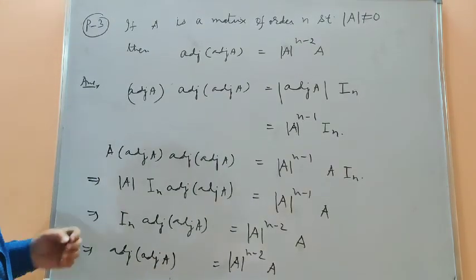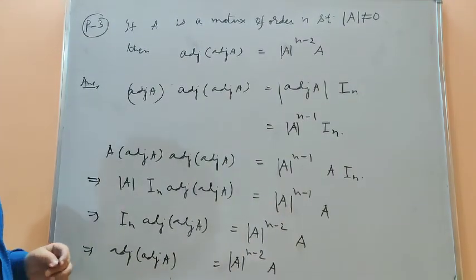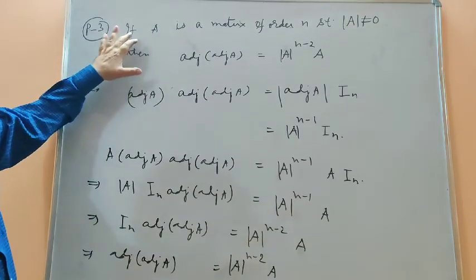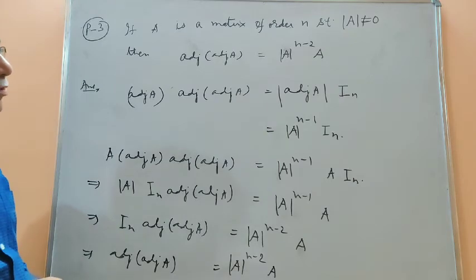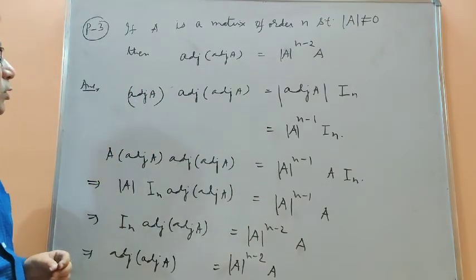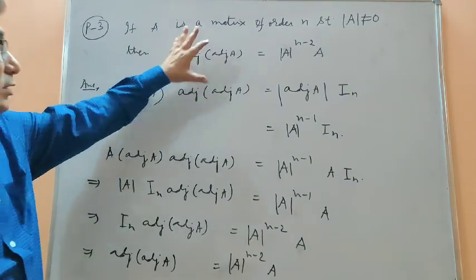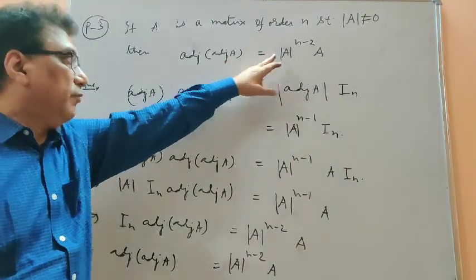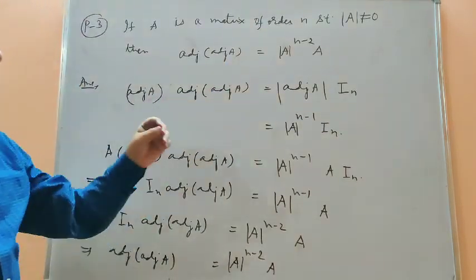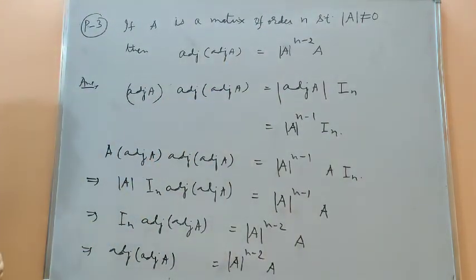Well, this is the next property, property number 3. Here we have to show that if A is a matrix of order n such that determinant is not 0, then adjoint of A will be determinant A to the power n minus 2 into A, where A is the given matrix.